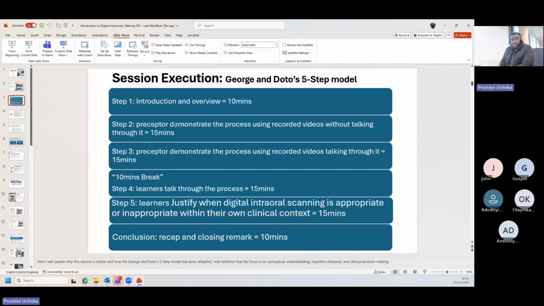We'll come back to a session, so please pay attention. The fourth session will be in breakout rooms where you will narrate the process of doing intraoral scanning, like a conversation. Then we will have a session of cognitive rehearsal where you try to identify errors with intraoral scanning, before I conclude the session in the end.